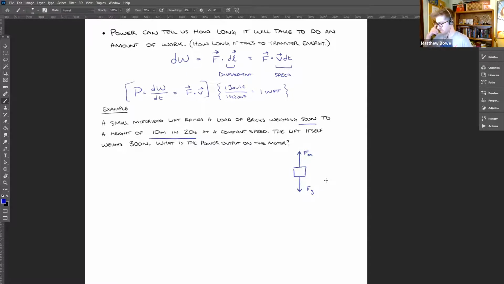And what do we have here? The problem is saying that it is raising it up. It's lifting it from a lower height to a higher height in some amount of time. So that means there is a force upward caused by the motor, and it is moving upward.